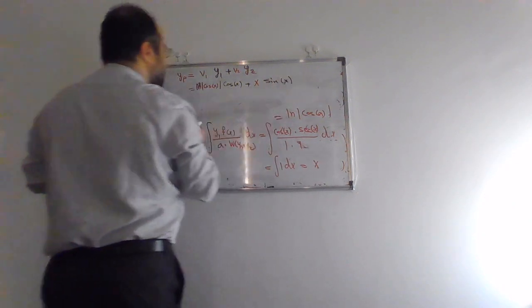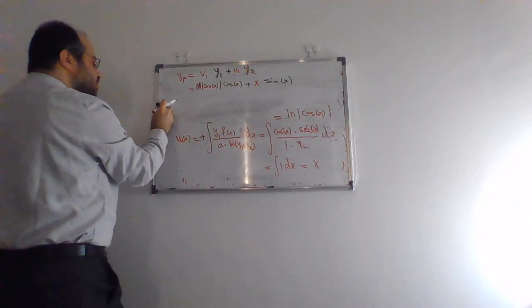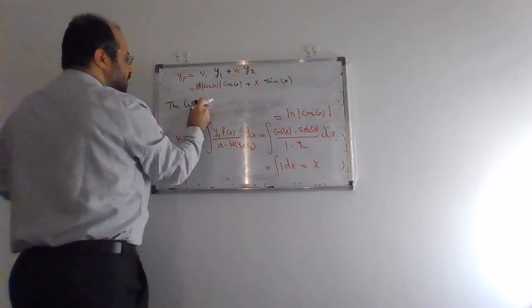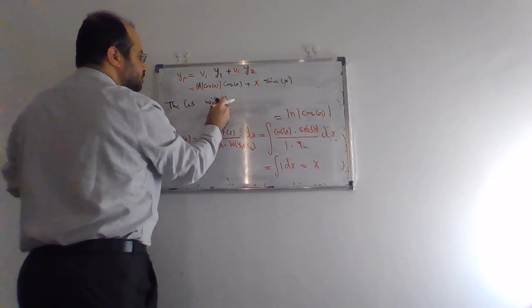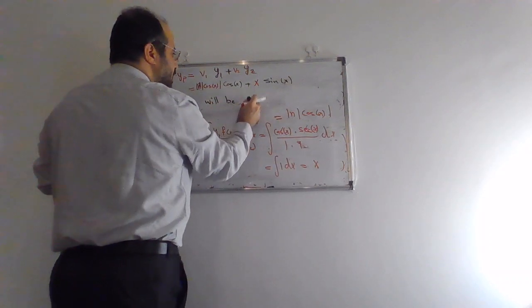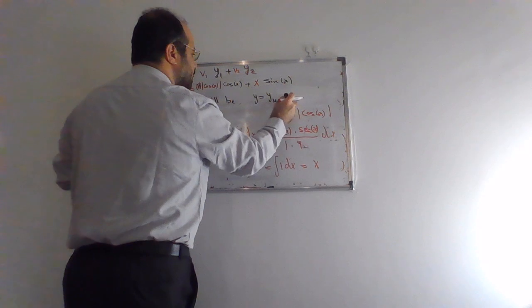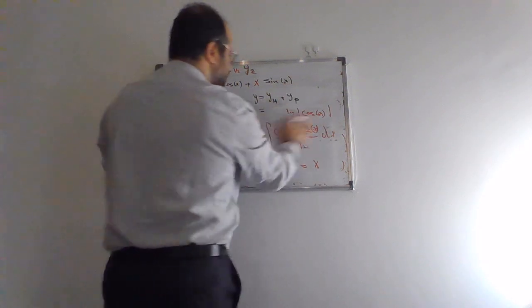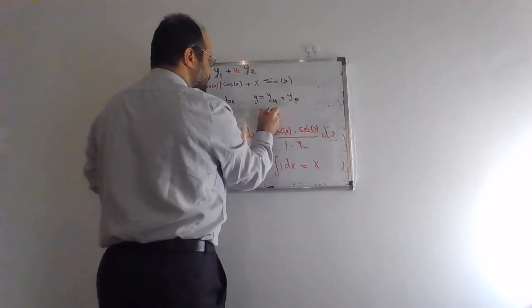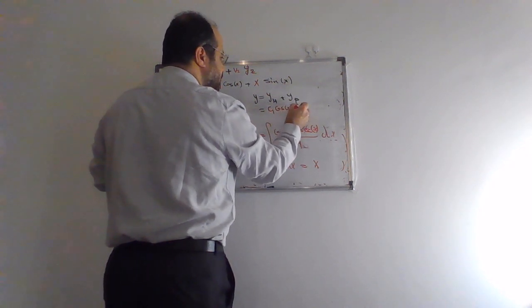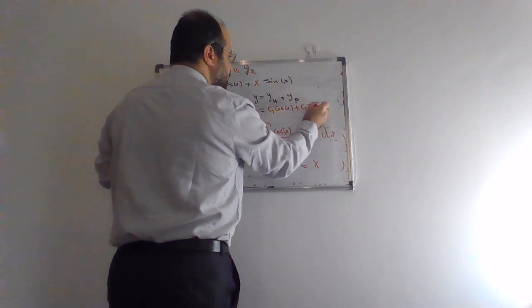And back to our general solution, what will it be? Y equals y homogeneous plus y particular. Y homogeneous is C1 cosine x plus C2 sine x.